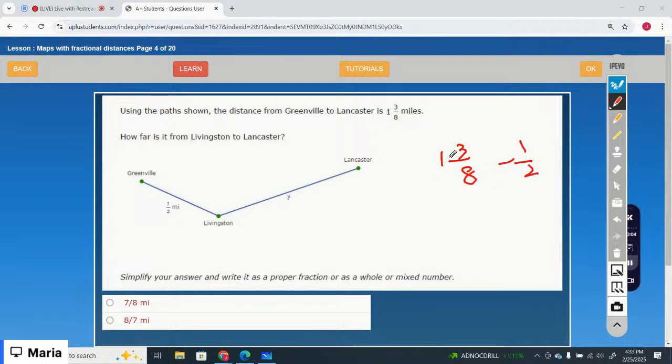You have to subtract 1 by 2. 8 times 1, 9, 10, 11 over 8. Make the denominator the same. 2 times 4 is 8, so multiply the fraction by 4. 4 over 8. That is 7 over 8. The correct option is 7 over 8.